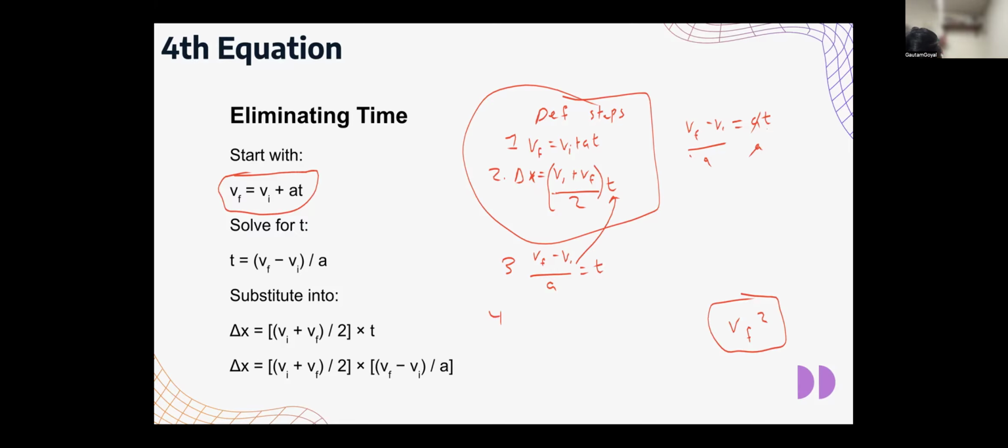Once we have that, we get (v_i plus v_f) over 2 times (v_f minus v_i) over a equals delta x. Correct? Does step four make sense? I just plugged t in.